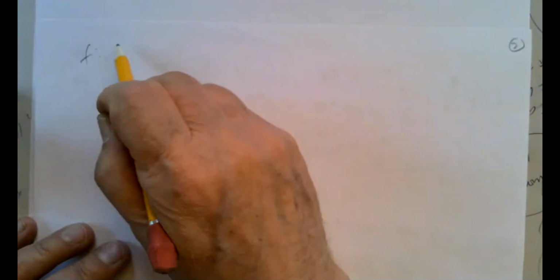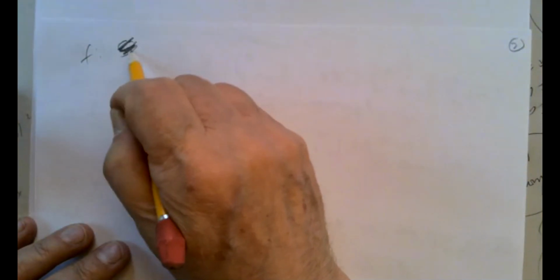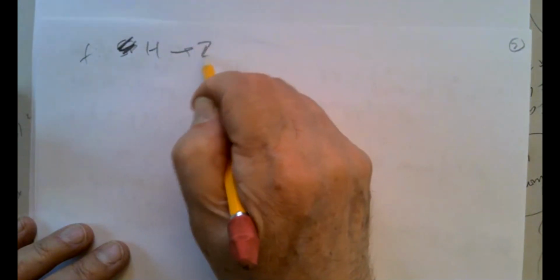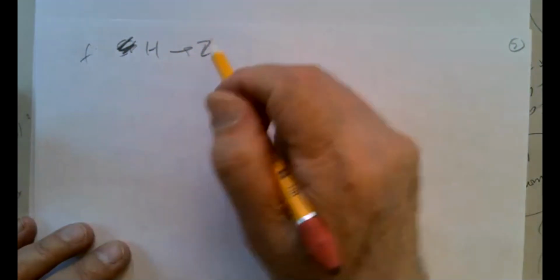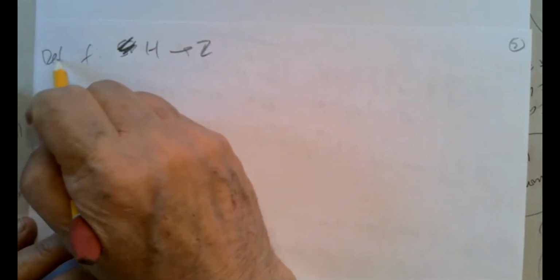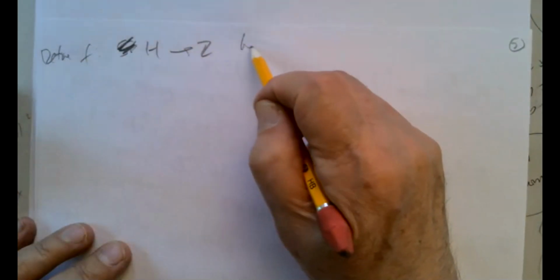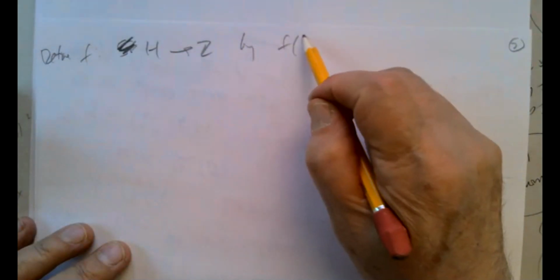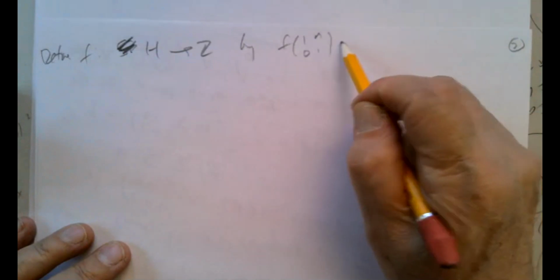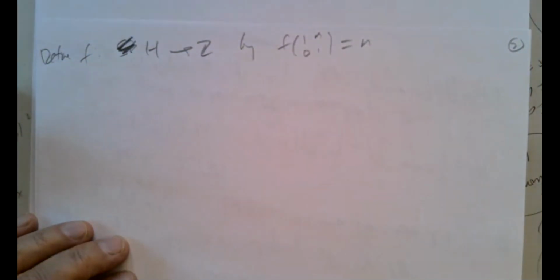So there's a natural function f from H to Z, namely, define this function by f of the matrix 1, n, 0, 1 is just equal to the integer n.